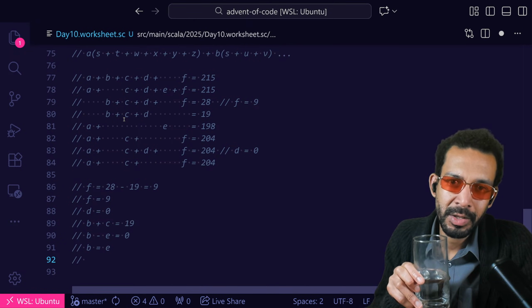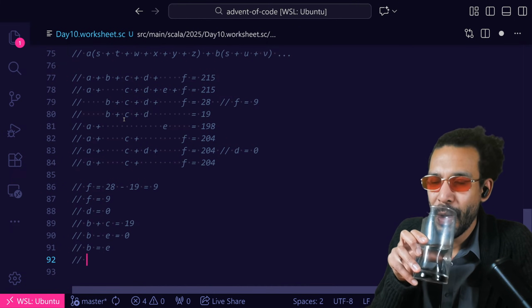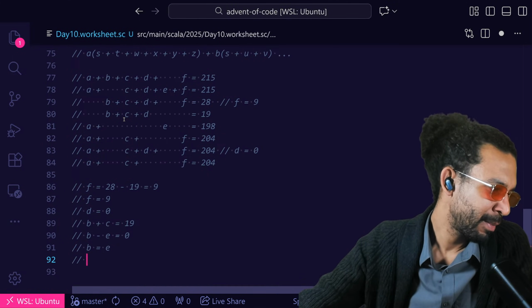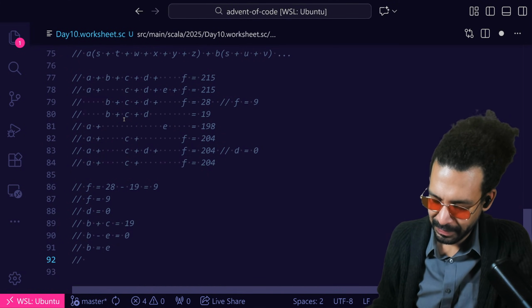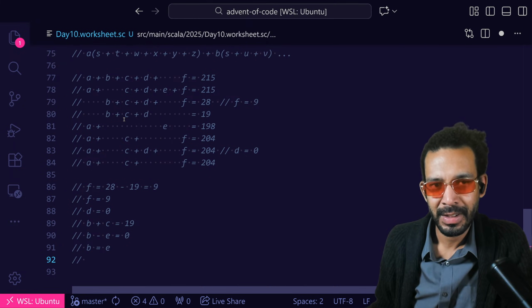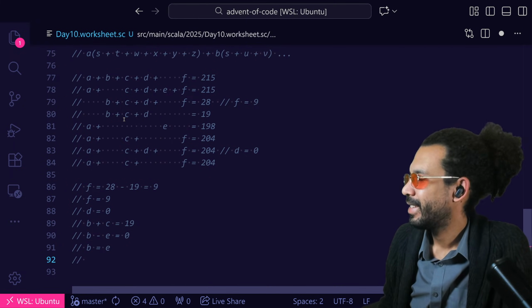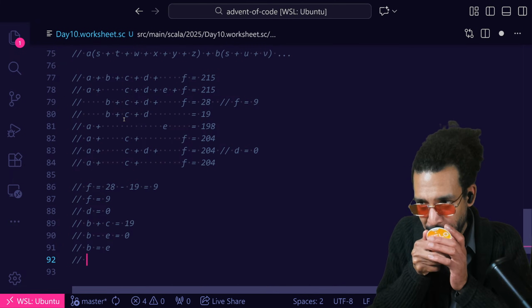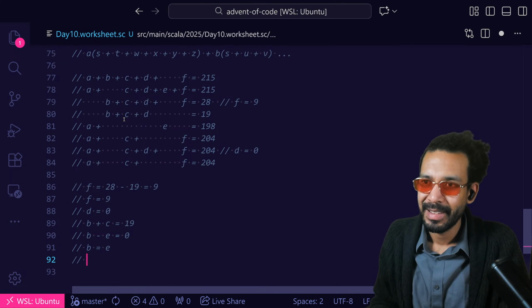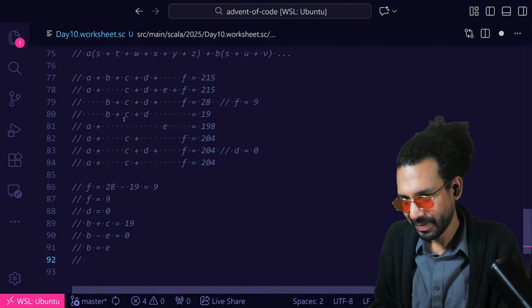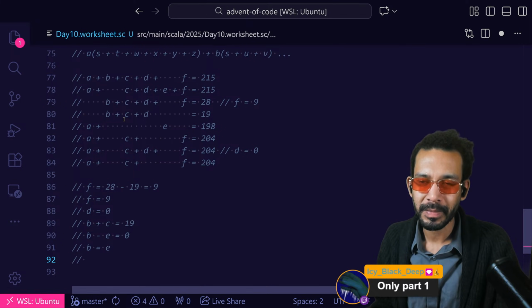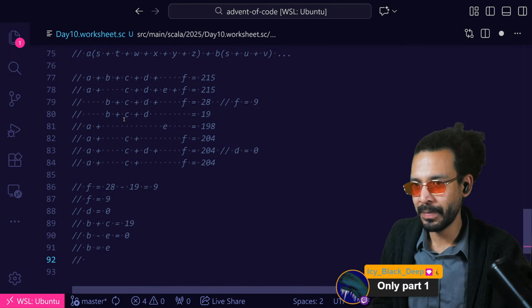This feels like a linear algebra trap. The example has 3 different types of systems of equations. I see Black Deep. I'm sure you've solved this by now. Did you use a library? Did you do linear algebra for this? You only did part 1.